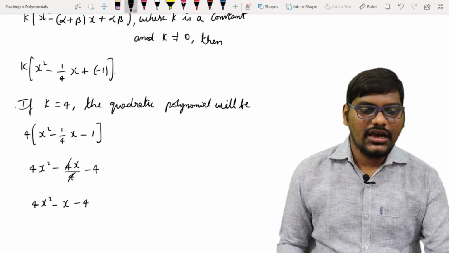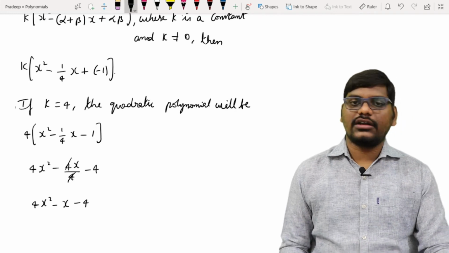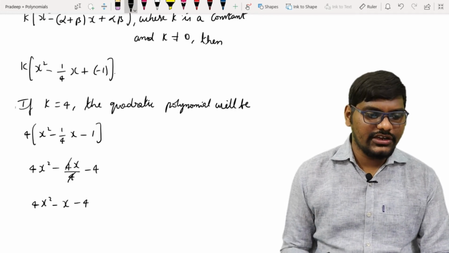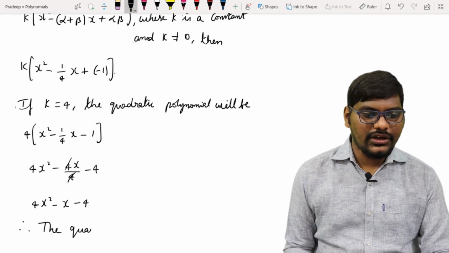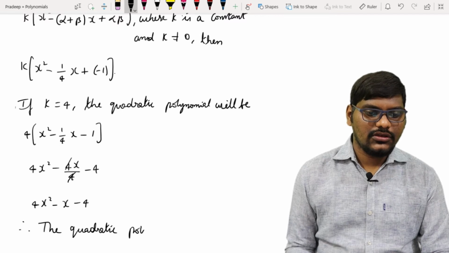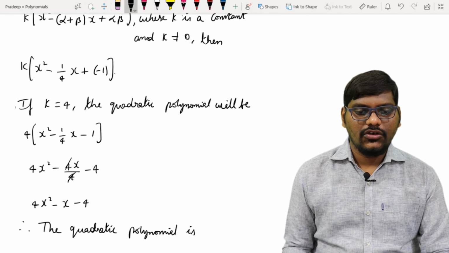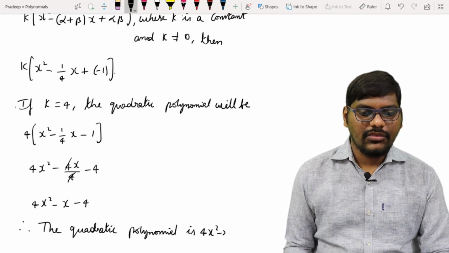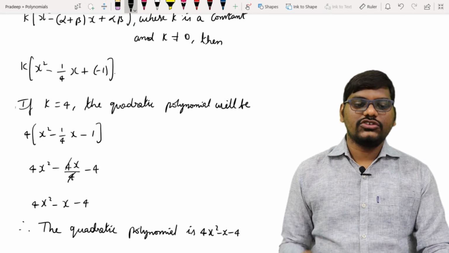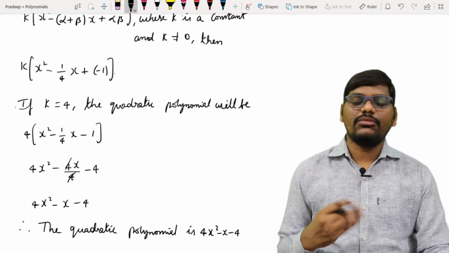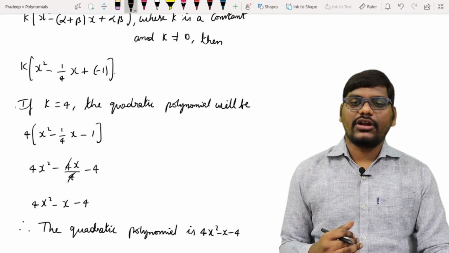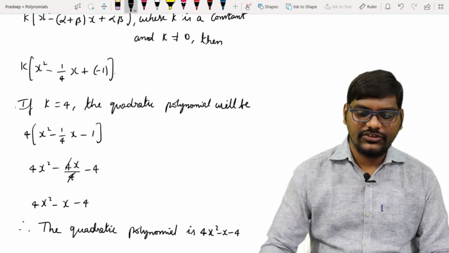So now this is the equation which we got, whatever they asked, so I can write here, therefore the quadratic polynomial is 4x square minus x minus 4. So this is a quadratic polynomial which is formed by the given sum of the zeros and also product of zeros. So let's see the next question.